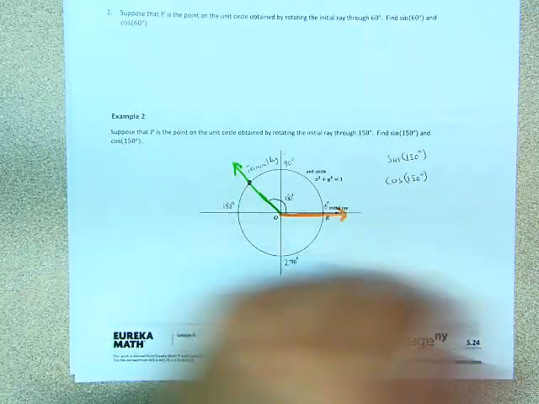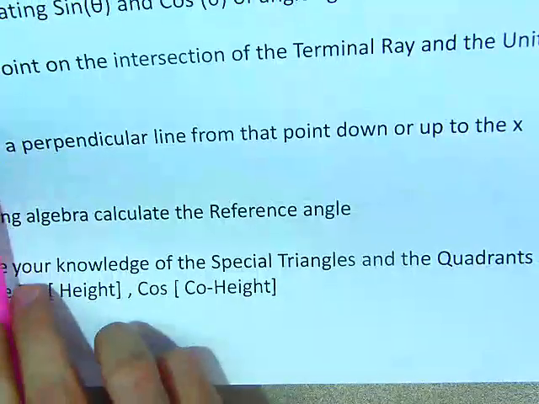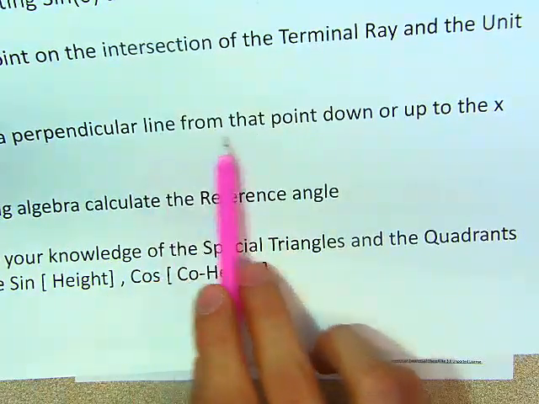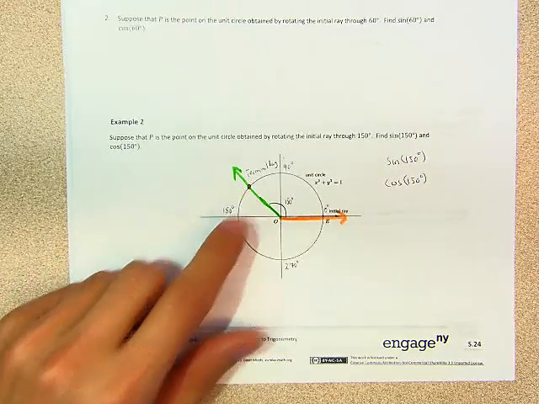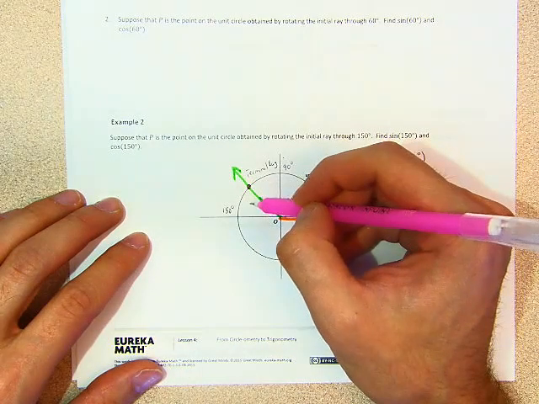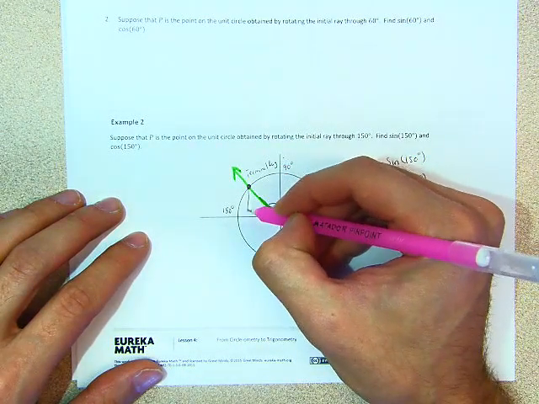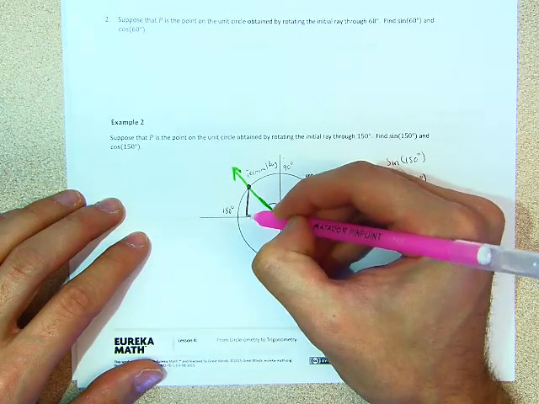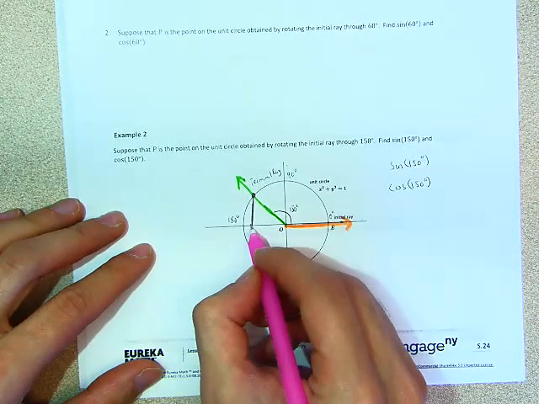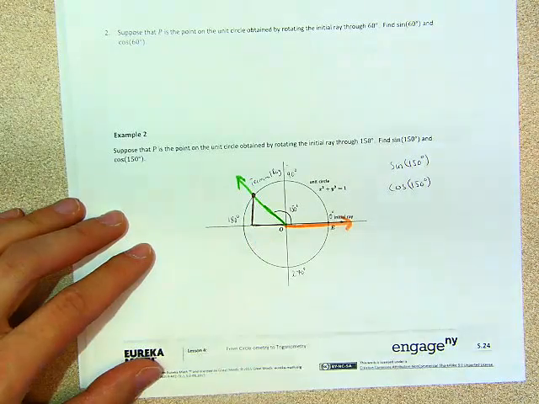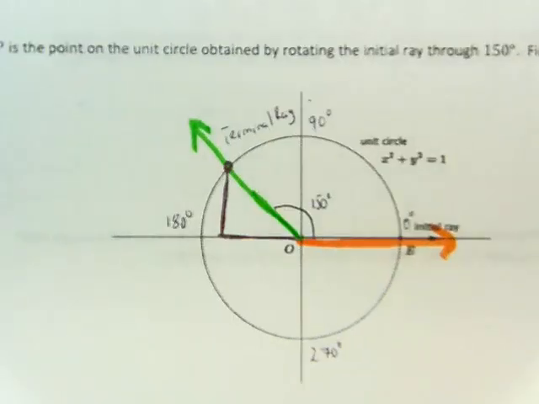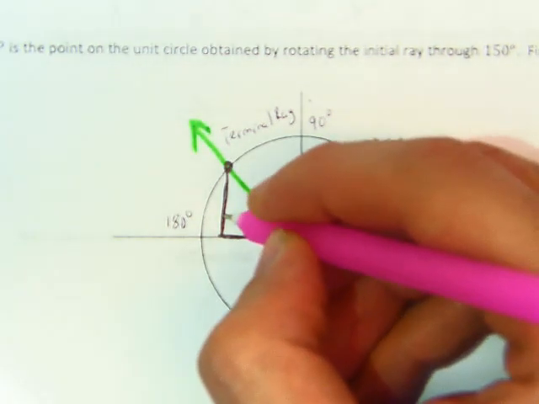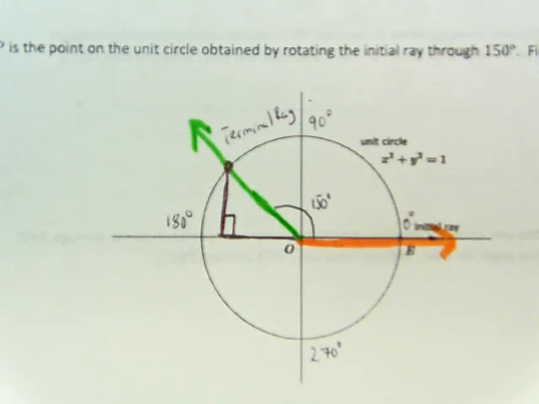Step 2: drop a perpendicular line from that point down or up to the x-axis. Now notice, what did we create? We created a triangle.